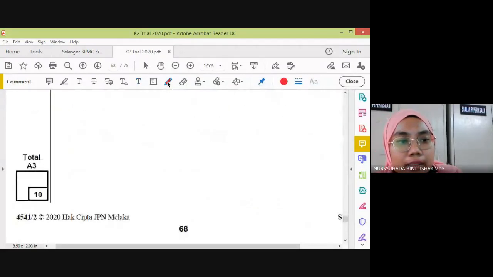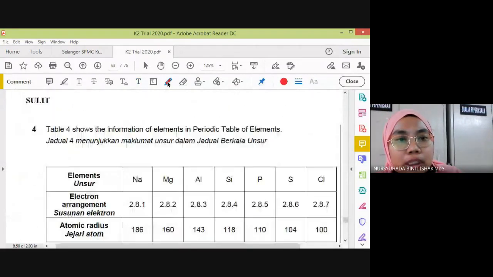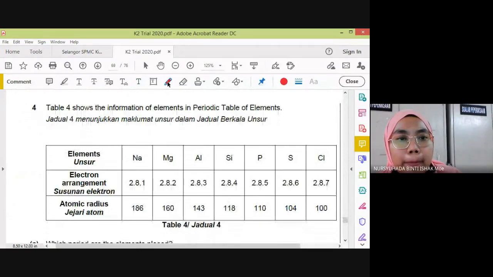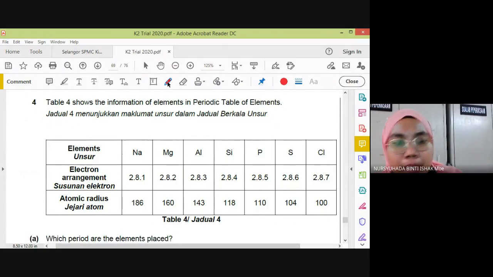Okay, we go to question number 4. Table 4 shows the information of elements in the periodic table. They give you the periodic table. From Na to Cl, what is the same for all the elements from sodium to chlorine?